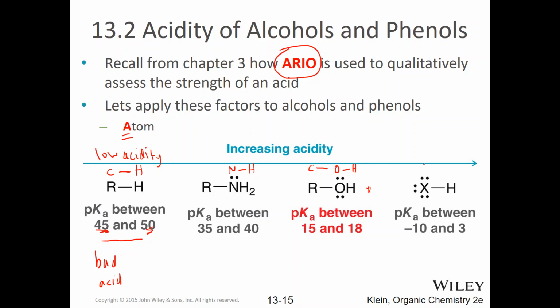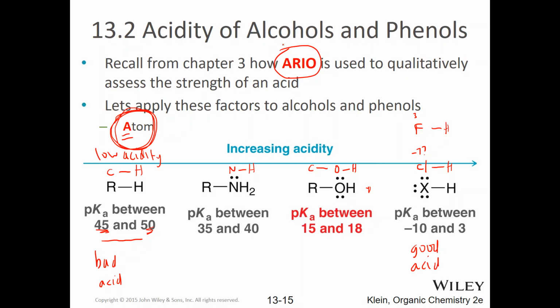Here, X is typically used for a halogen. That's going to have a pKa of, I don't know, -7, something like that. Another X would be fluorine, with a pKa closer to 3. So these are very good acids.